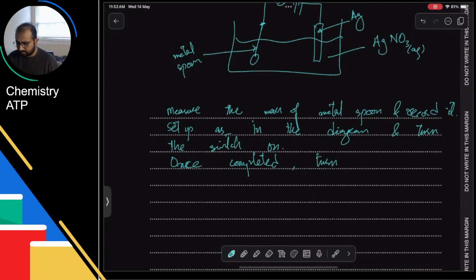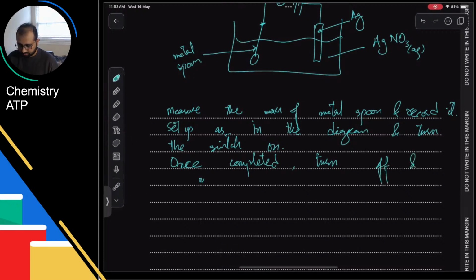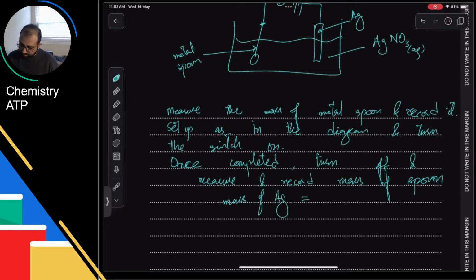So turn off, and measure and record the mass of the spoon. And I'm going to write an equation here. The mass of silver equals the spoon's final mass minus the spoon's initial mass.